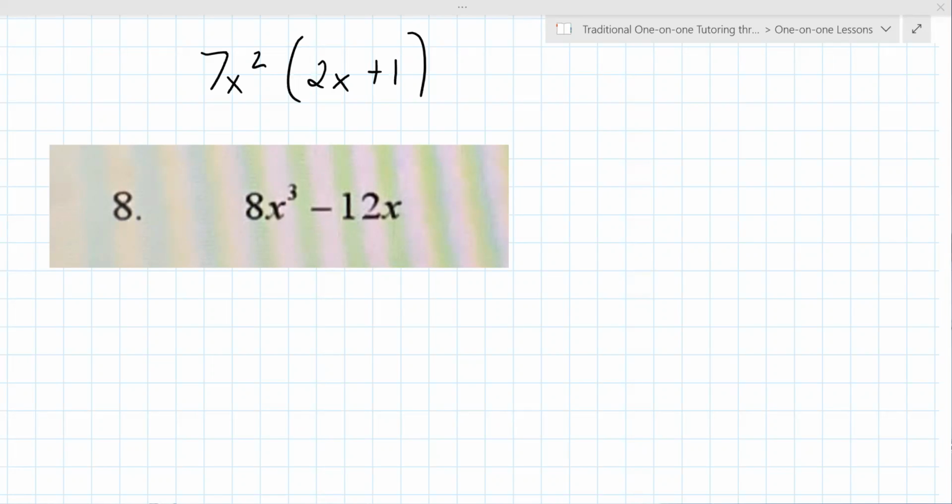Okay, 4 in parentheses 2x cubed minus 3x.